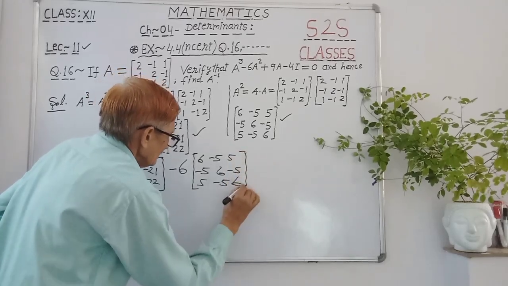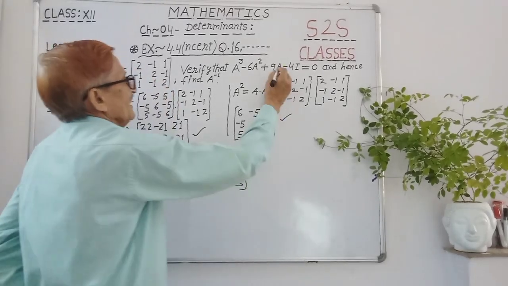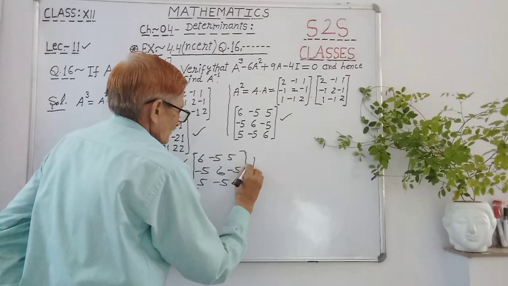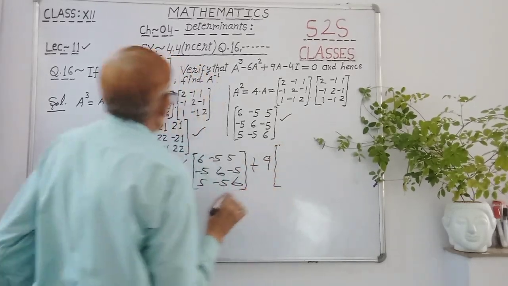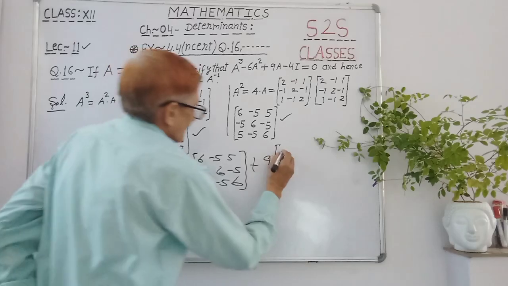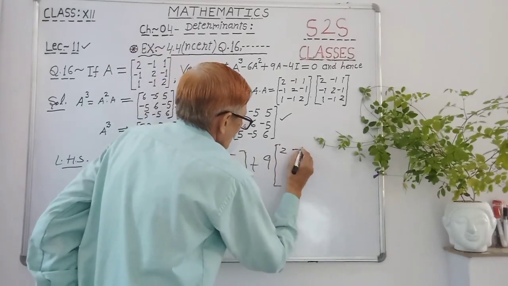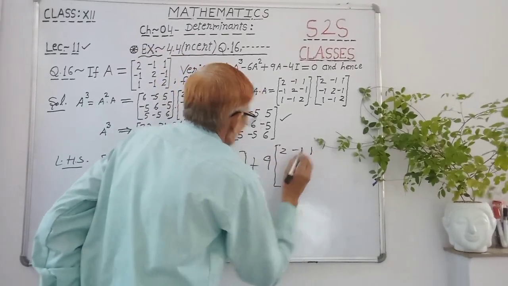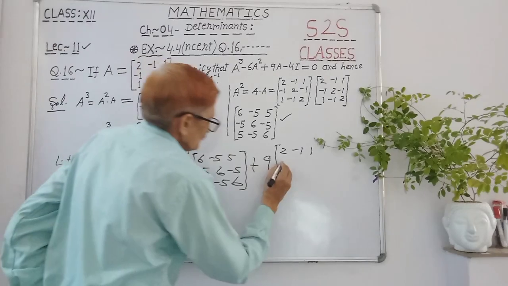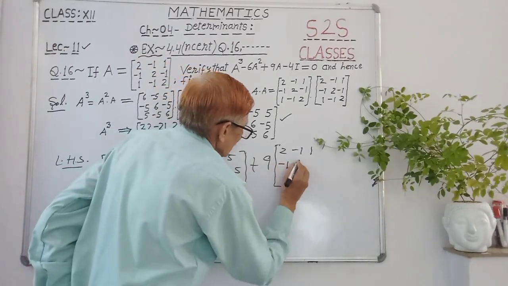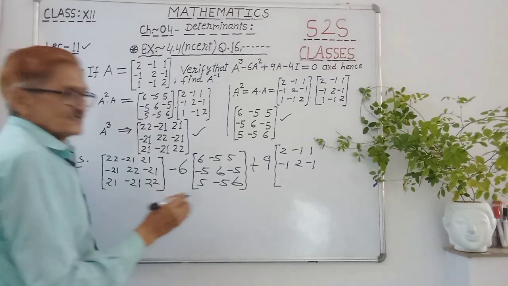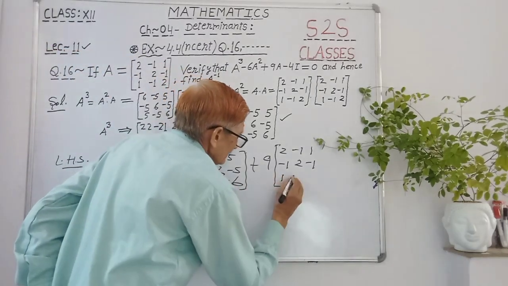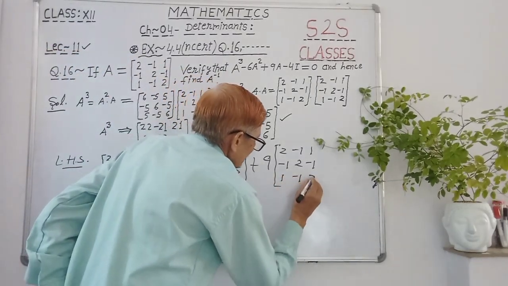This is A square. And then plus 9A, plus 9 into A. A is 2 minus 1 1, 2 minus 1 1, then minus 1 2 minus 1, minus 1 2 minus 1 1, minus 1 2, 1 minus 1 2.